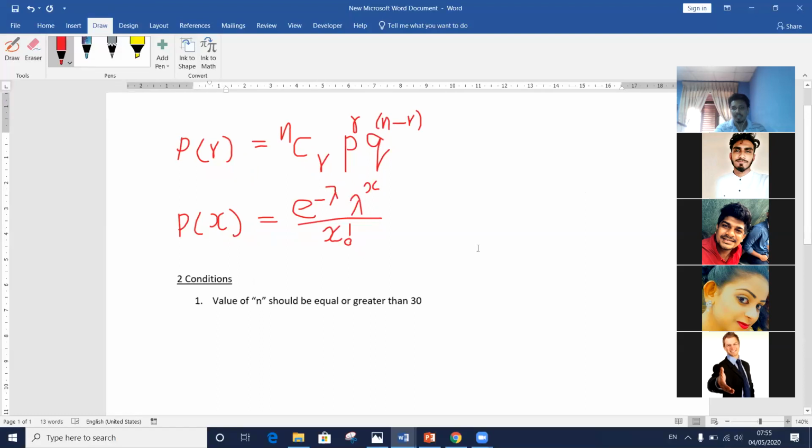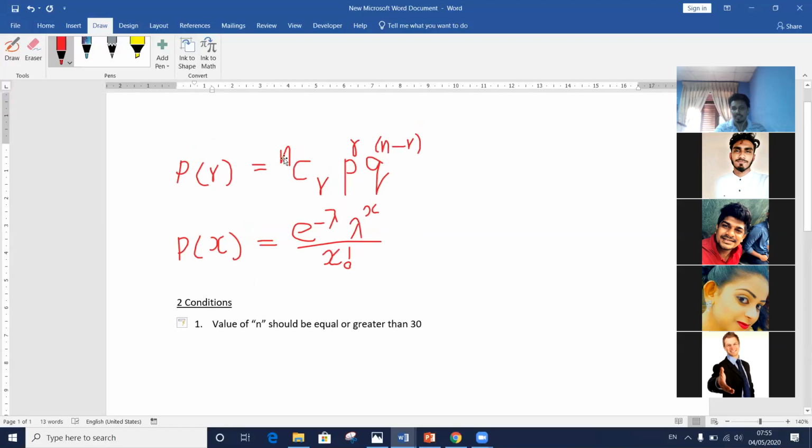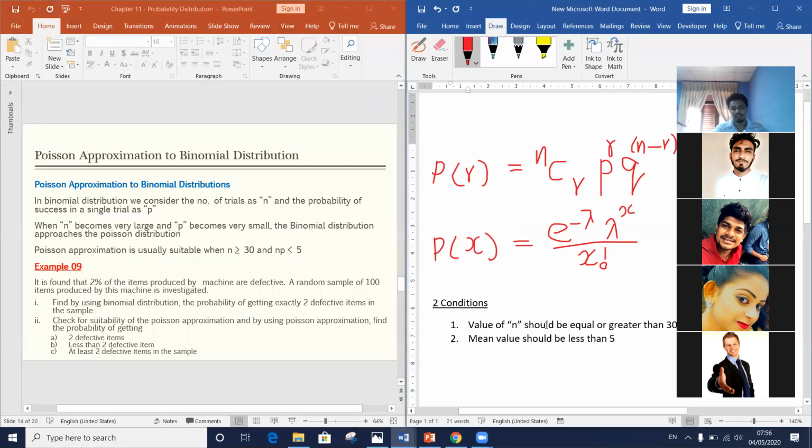What do we mean by n here? Number of trials, right? Number of trials should be more than 30. And the condition number 2 is that the value of np, or the mean, should be less than 5, right? Mean value should be less than 5.